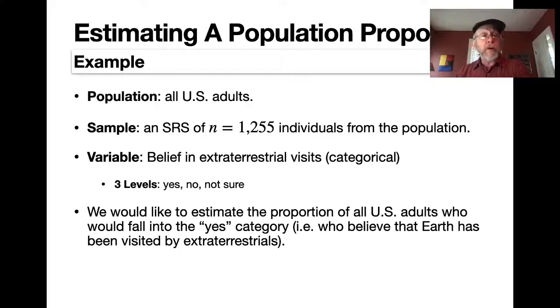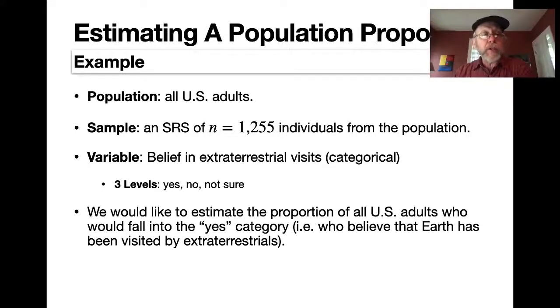Our sample is our sample of 1,255 individuals discussed earlier in the survey. There is a statistical variable in play here, right? We could call that variable belief in extraterrestrial visits, and it is a categorical variable. It has three different levels: yes, no, and not sure. And these were the three values of a response that were recorded for these 1,255 individuals who took part in the survey.